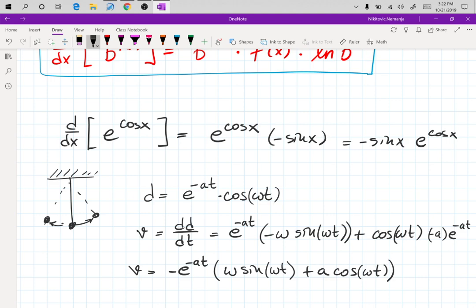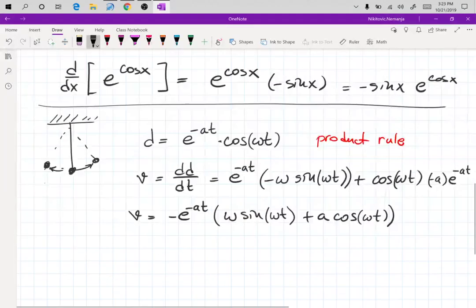So this was product rule. And we have the answer, we used the derivative of exponential in this case. So that was like example number 2.